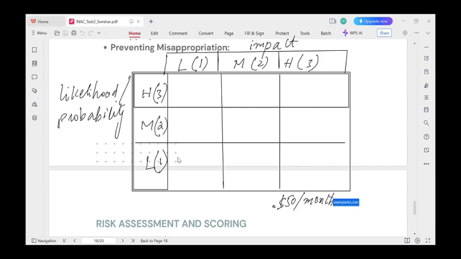You're pretty sure that this is happening, that an employee is misappropriating inventory of $50 each month.